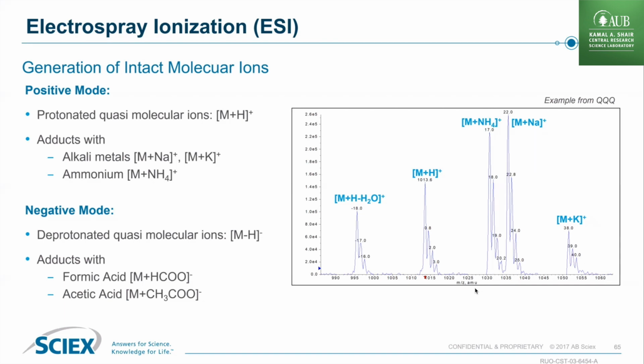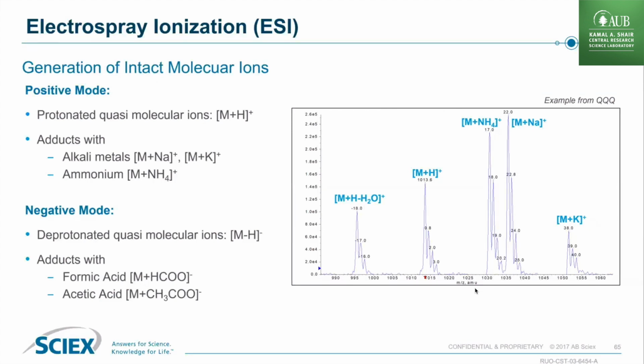Now you can also get true adducts, I would say, with other charging species if they are present. So alkali metals, such as sodium and potassium, are in the same group in the periodic table. They can also form adducts, and then instead of the hydrogen, you have the sodium or the potassium atom.